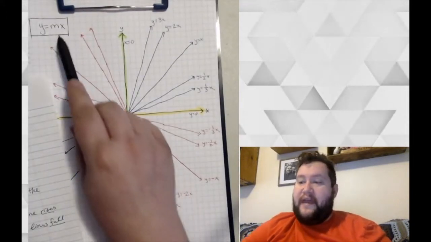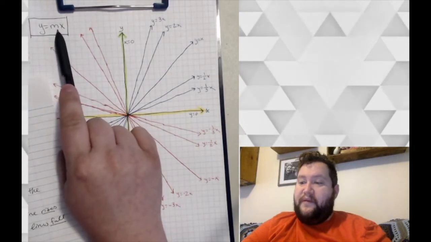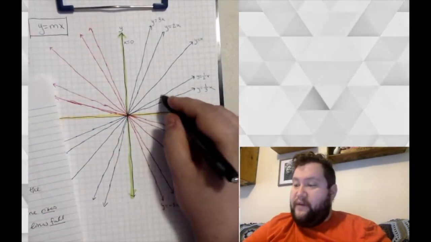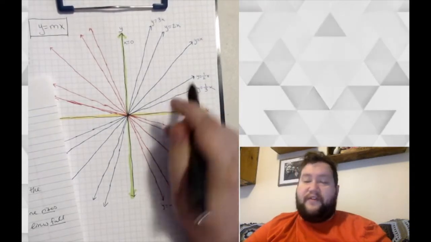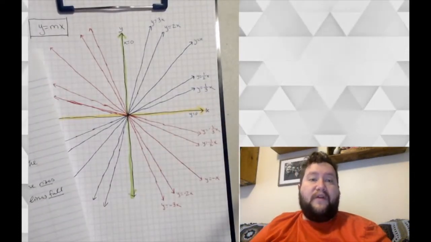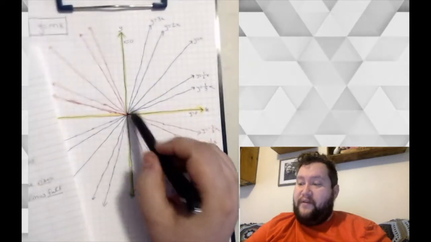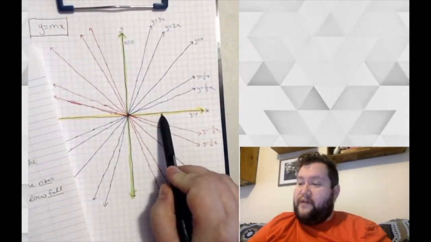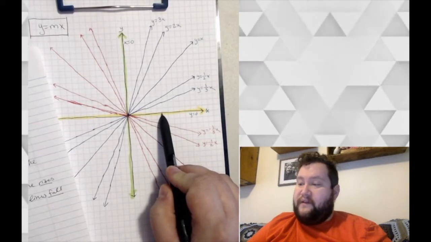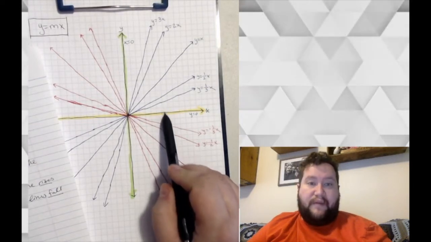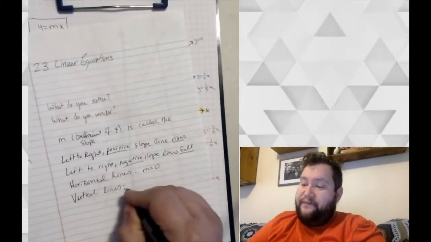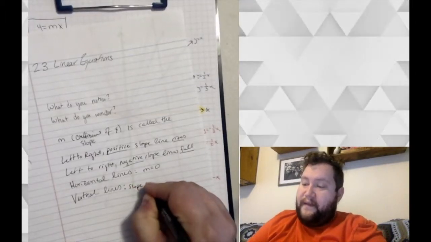Notice they don't have an m at all. Here we just have x equals 0, so there's no y term. Or over here we would have x equals 6 being a vertical line, because that's where all of the points have an x coordinate of 6. So for vertical lines, slope is undefined.